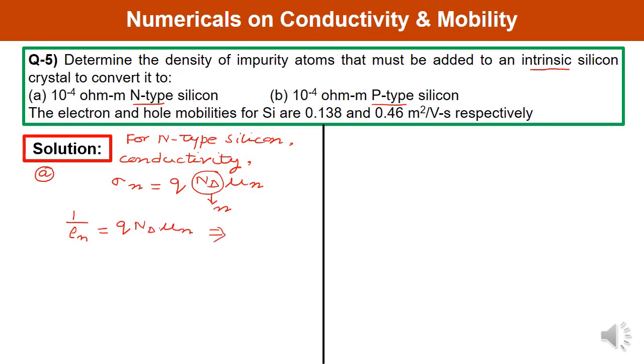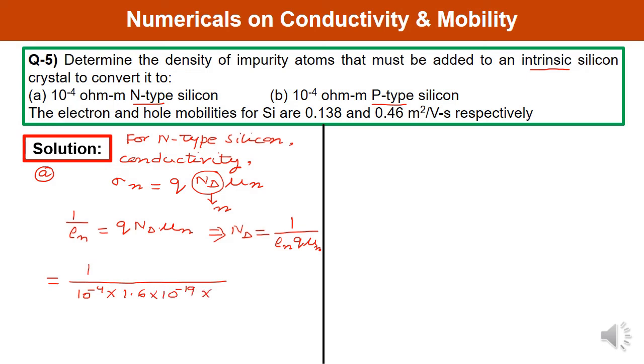From here you can calculate n of d, which is the density of impurity atoms. When we are talking about n-type silicon, it must be the donor atoms. It would be 1 upon rho n Q into mu n. Now substitute all these values. Rho is given as 10 raised to the power minus 4. The value of Q is 1.6 into 10 raised to the power minus 19.